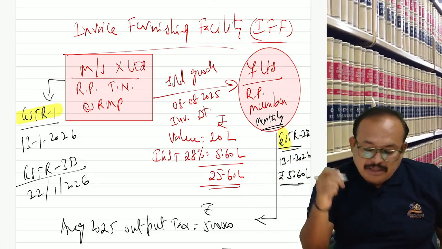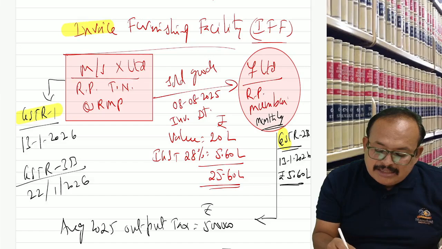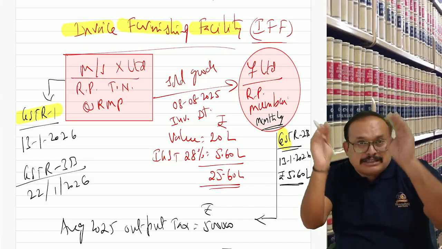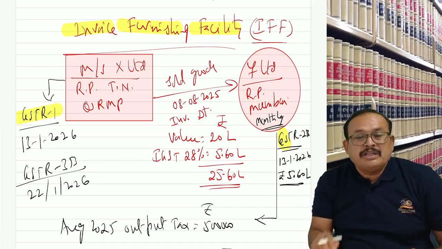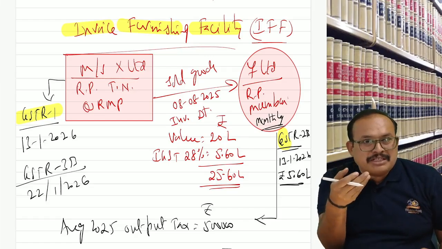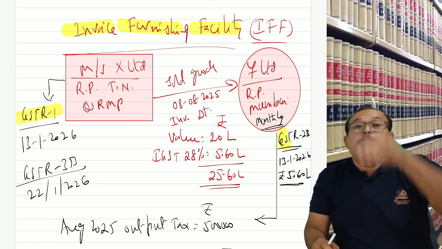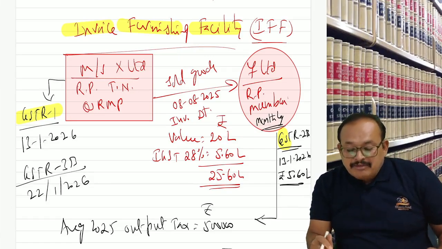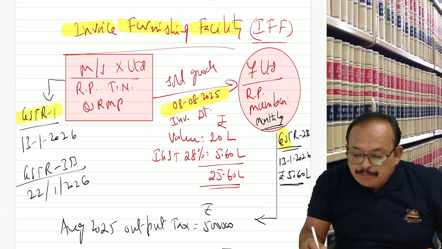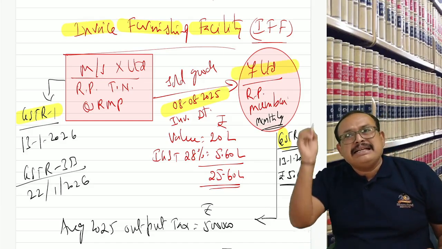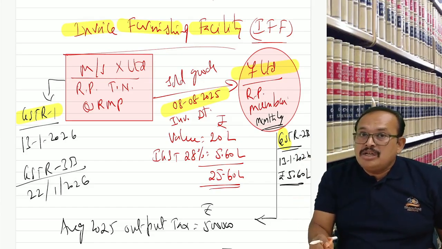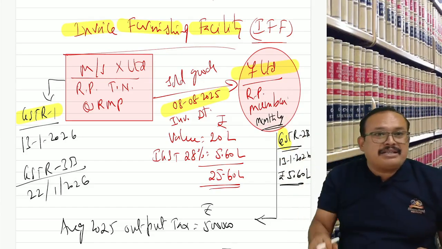Then use the invoice furnishing facility portal. In the GST portal, in one of the menus, click IFF. There, by using your GST number, upload the invoices. Which invoice? Invoice dated 28th August 2025. The buyer, Y Limited, with his GST number mentioned. Like that, every month you can pass the credit then and there.